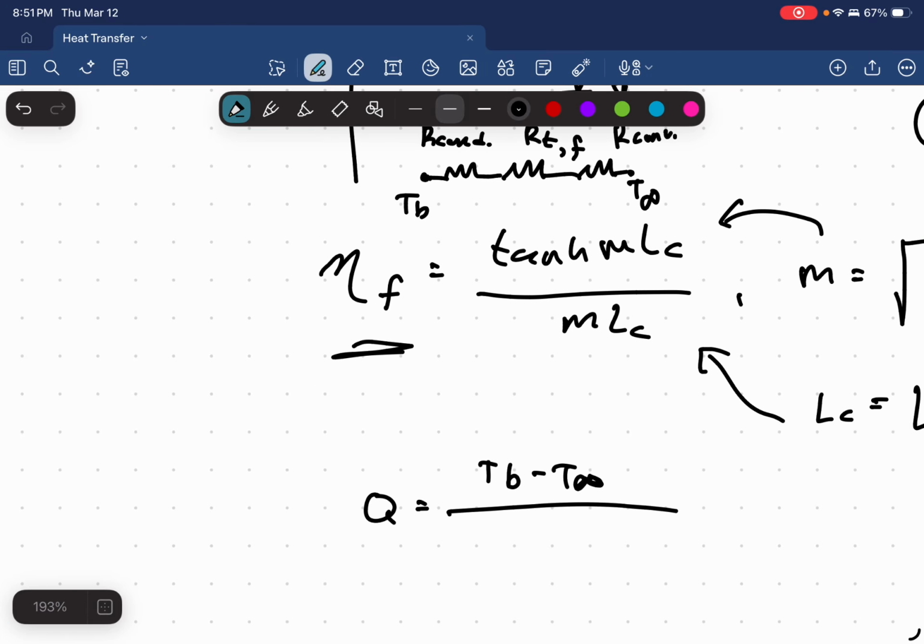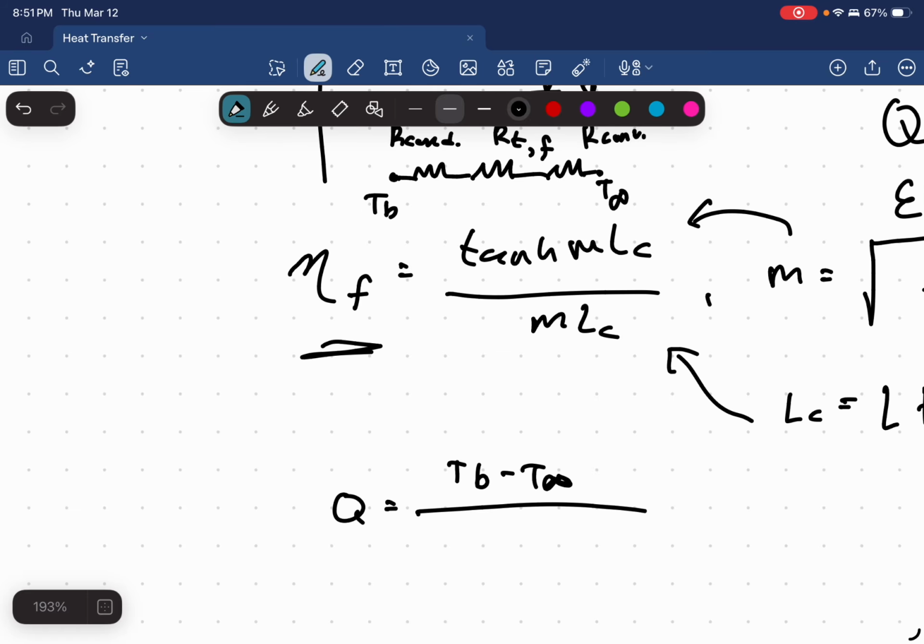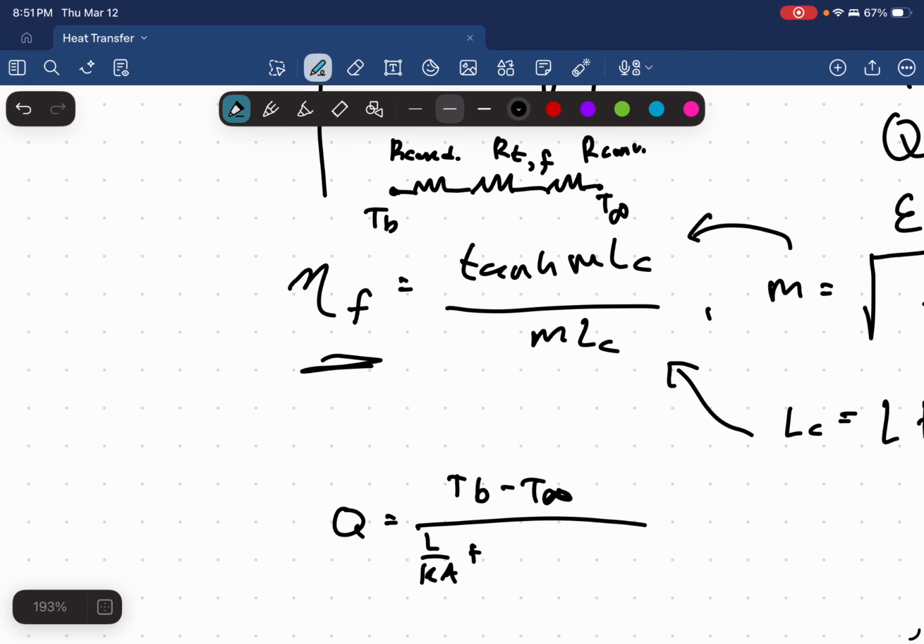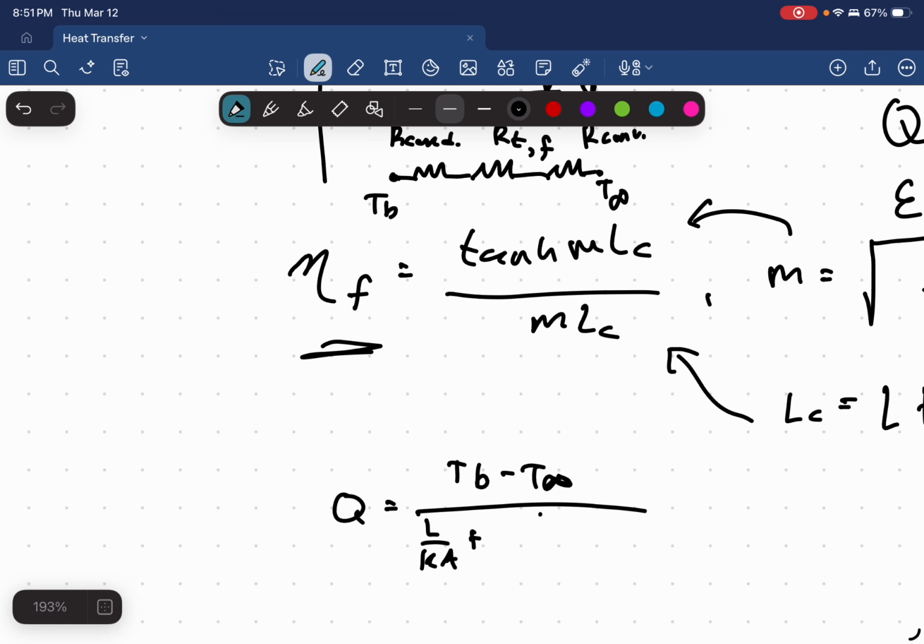So for conduction, it'll be L over kA, plus the thermal resistance for a fin, which is going to be similar to convection, except you're multiplying the efficiency of the fin with the area of the fin times the heat transfer coefficient.